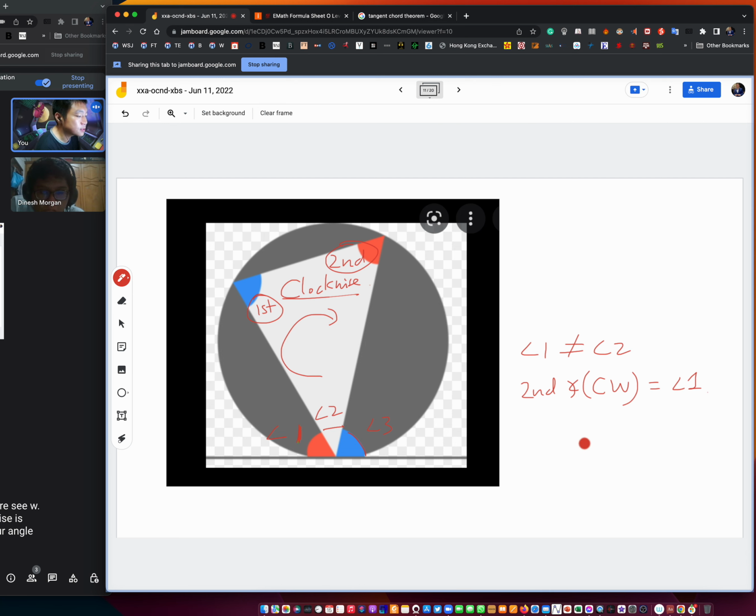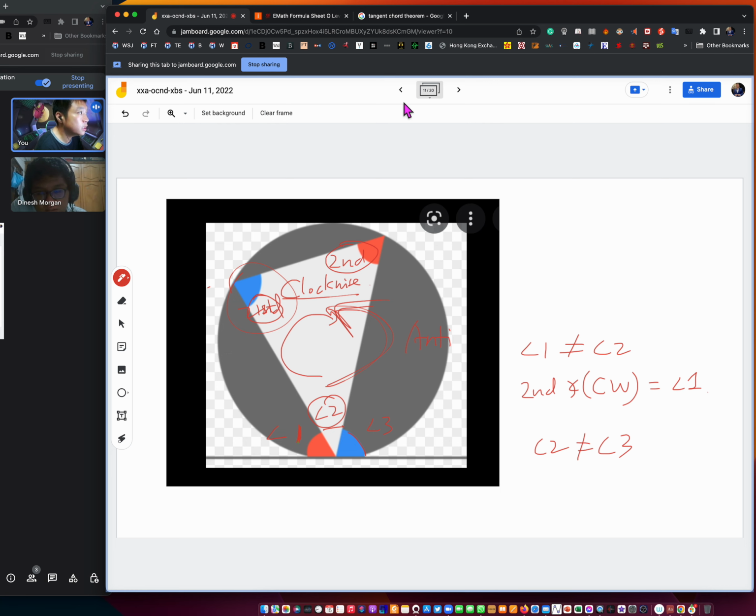Same thing for angle 3, you must look anti-clockwise, because you have to go that side already. Definitely angle 2 is not equal to angle 3. Then you go anti-clockwise, the second one is equal.